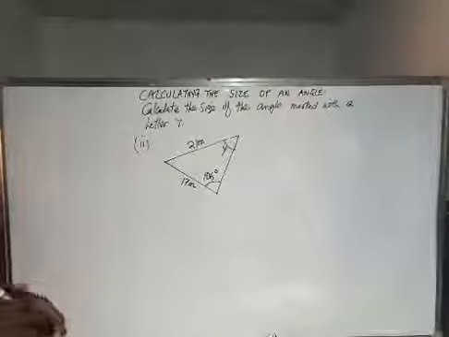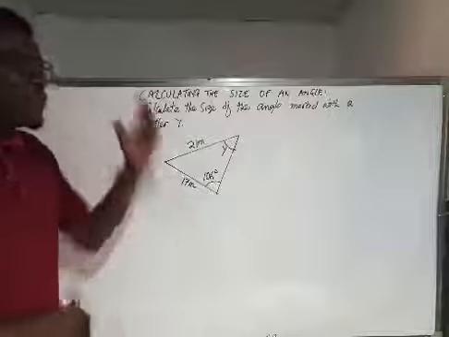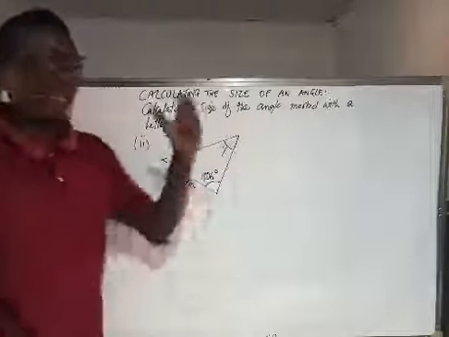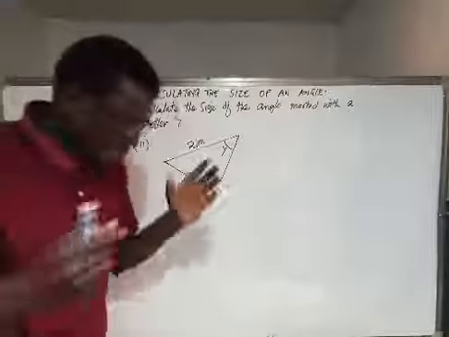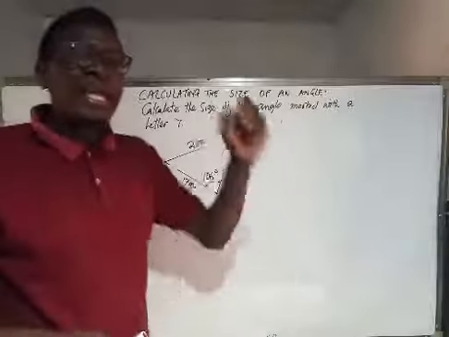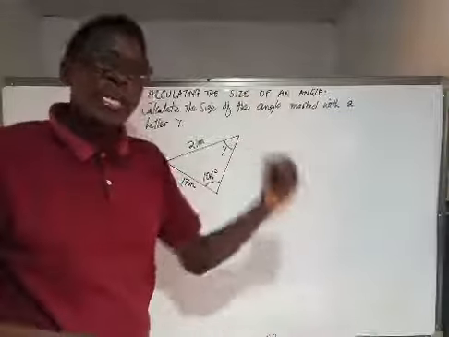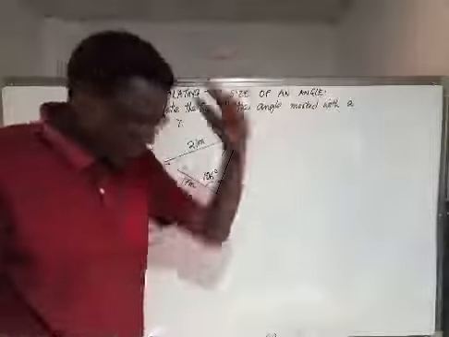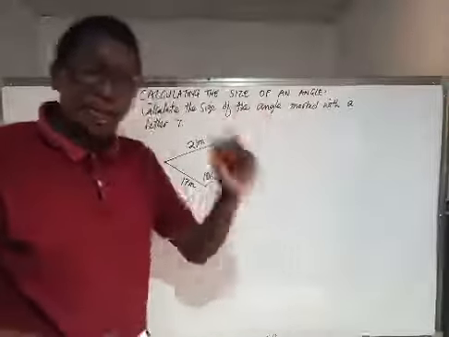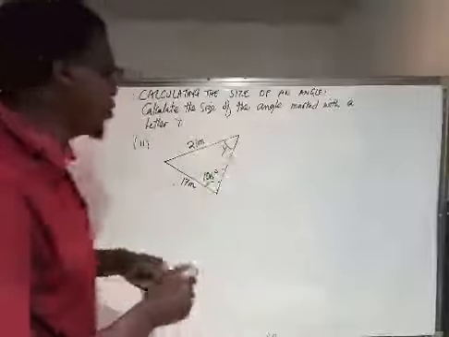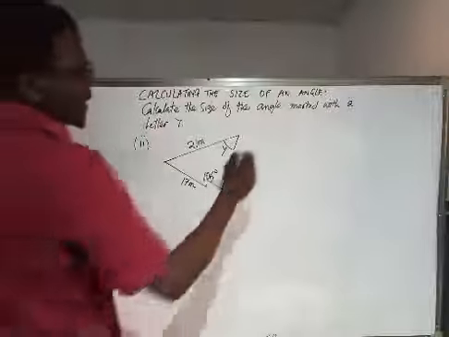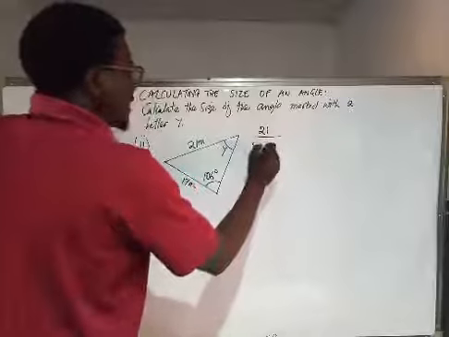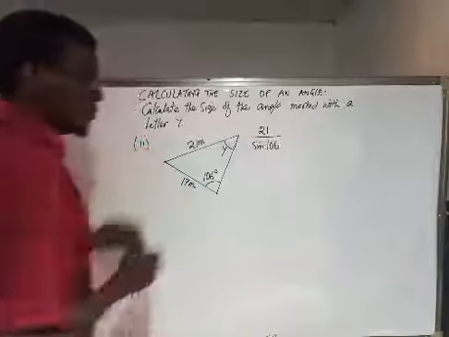Okay? The same process. We are going to repeat. What we are simply doing here is repeating the same process over and over. And what is the process? We are comparing the length of the side to the sine of its corresponding angle. So we are saying the side 21, we compare it to the sine of 106.